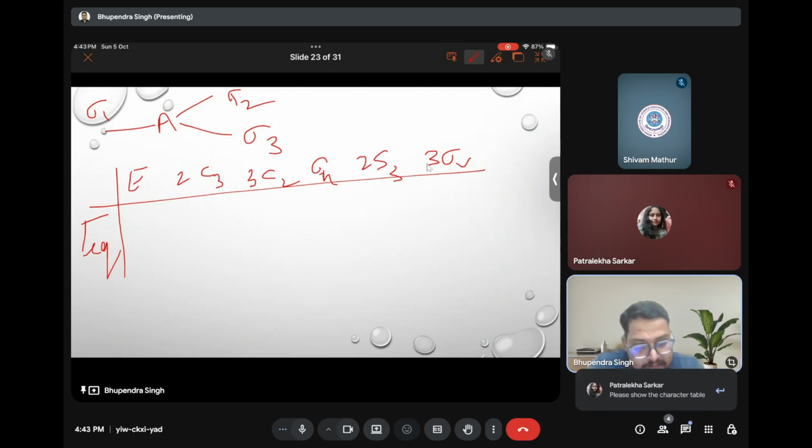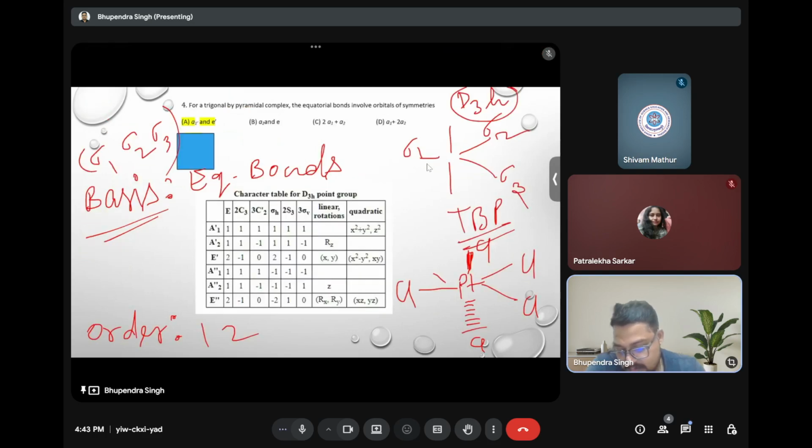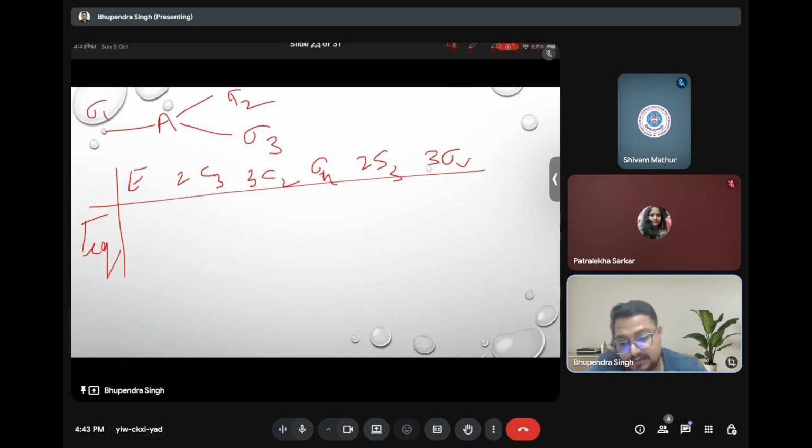Please show the character table. No, you don't need the character table. This is your reducible representation. So how many of the atoms are not changing? In our case, it is bonds.